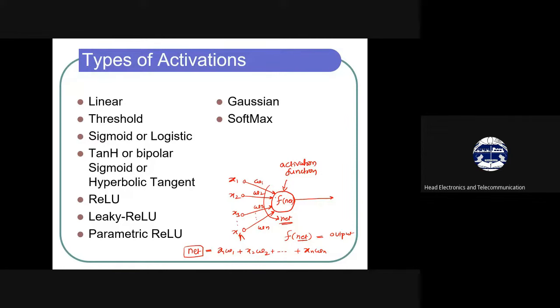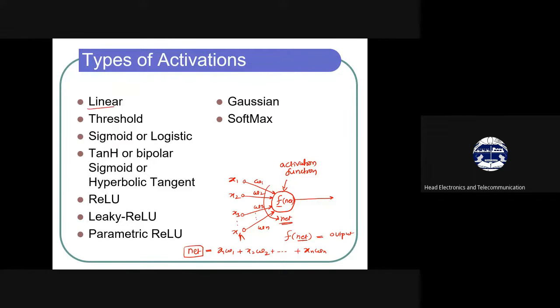Depending on the activation function, the behavior of the neuron will change. There are many types of activation functions used in practice, and I have listed a few of them which are regularly used.